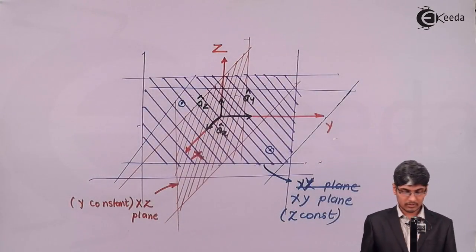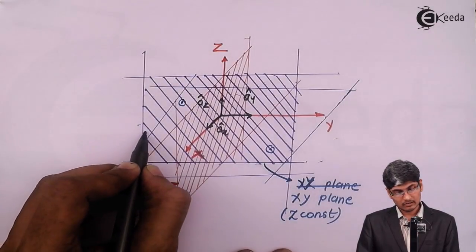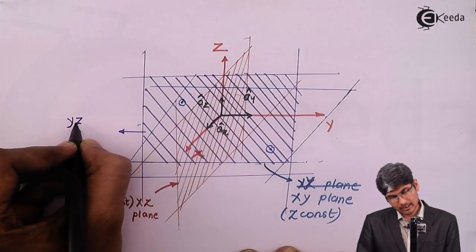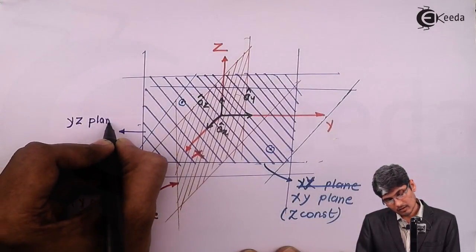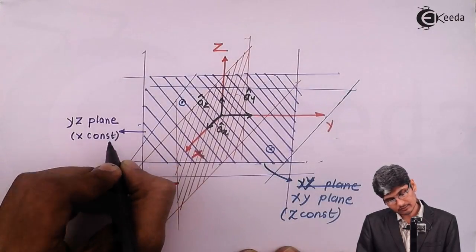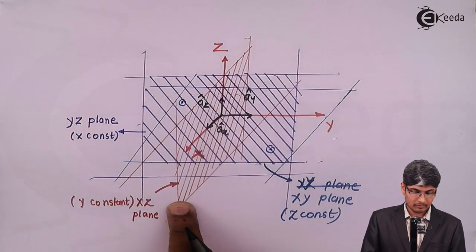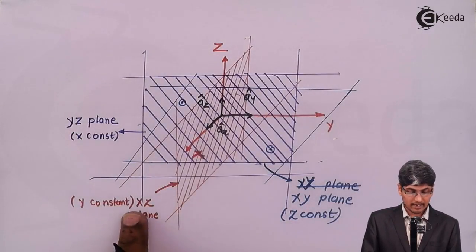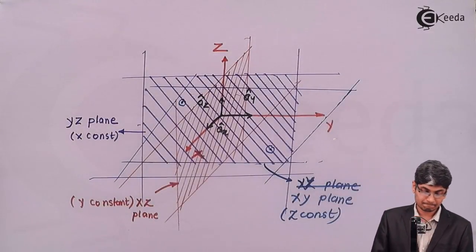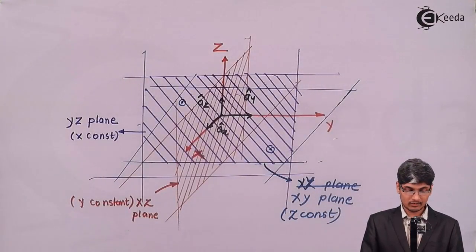Who is constant over there? X is constant over there. So with X constant it is the YZ plane; the red plane is the XZ plane where Y is constant; and the blue plane is the XY plane where Z is constant.